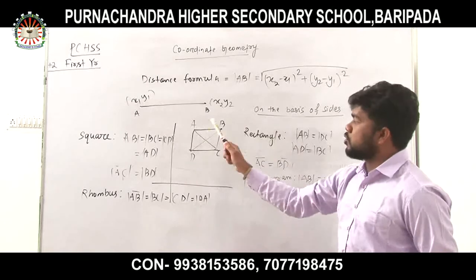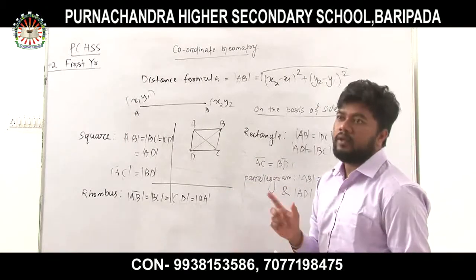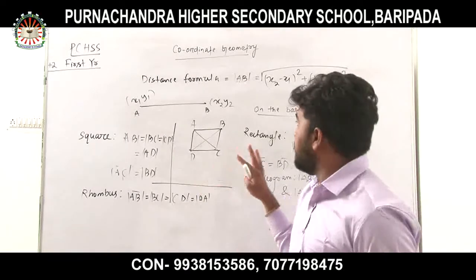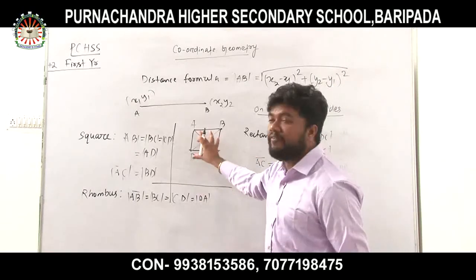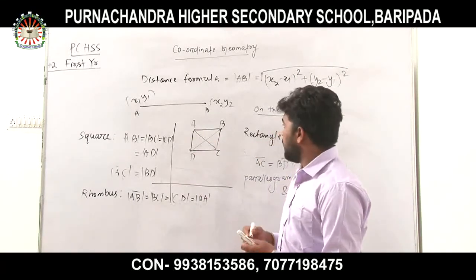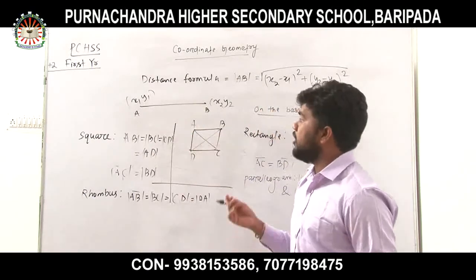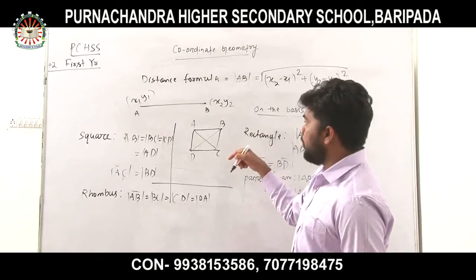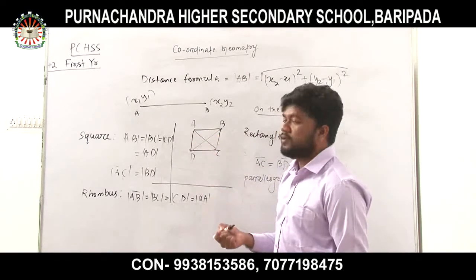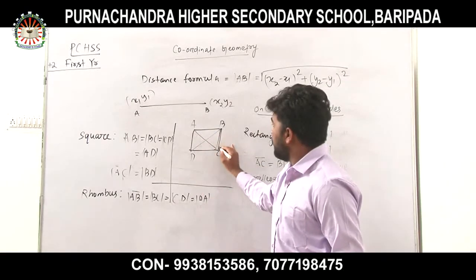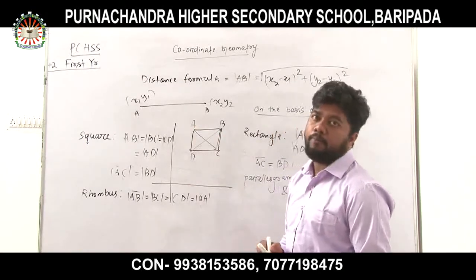Rectangle, parallelogram, square or rhombus. If any question gives 4 points, by applying the distance formula, you can easily say what type of quadrilateral is made by these 4 points. Okay.